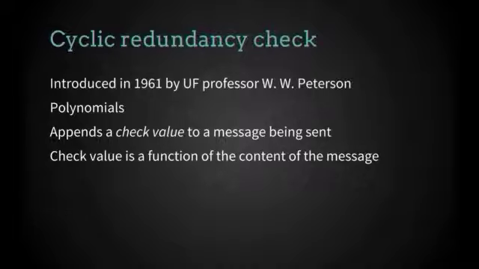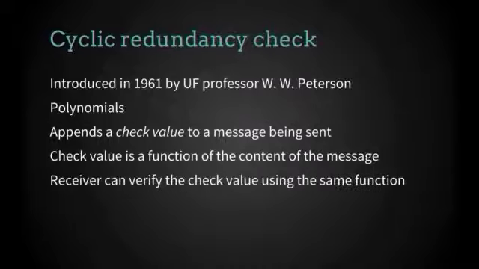A check value is just basically a function of the content of the message, where a certain function is performed on the message and the value is appended to the message before it's sent. The receiver can verify the check value using the same function once it receives the message.